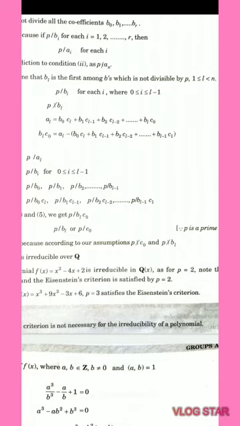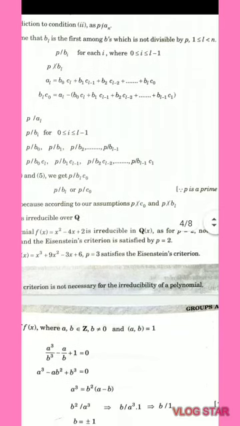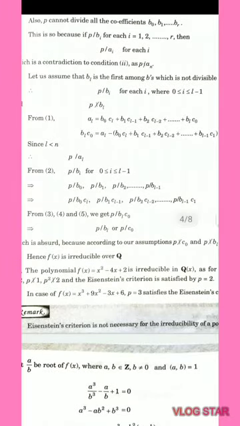Since l is less than n, therefore p divides al. Now we can say that p divides bi for i varying from 0 to l-1, and so p divides b0, p divides b1, p divides b2, and so on, p divides b(l-1).